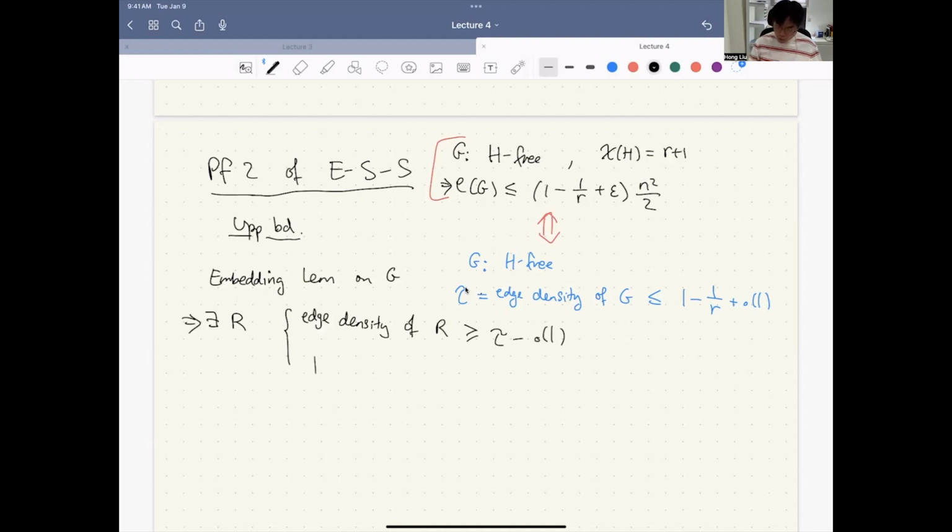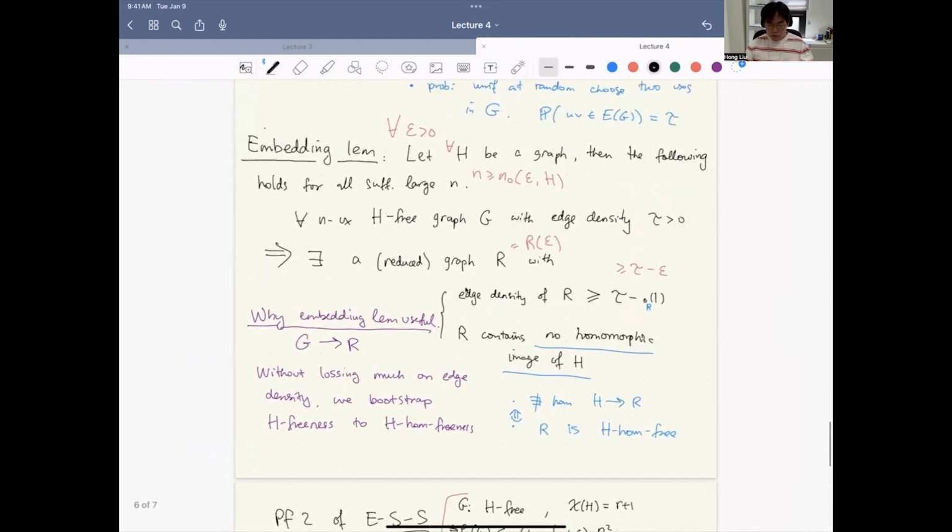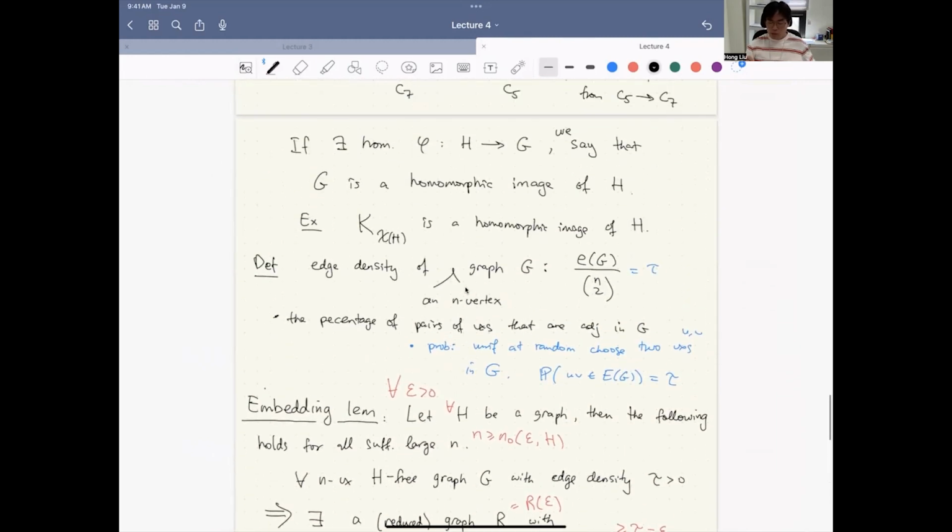And furthermore, this is H-hom-free. Okay, you don't have any homomorphic image of H. But H-hom-free means what? It in particular implies, let's recall one of the most useful homomorphic images of H. Remember this exercise. What's the most useful homomorphic image of H?